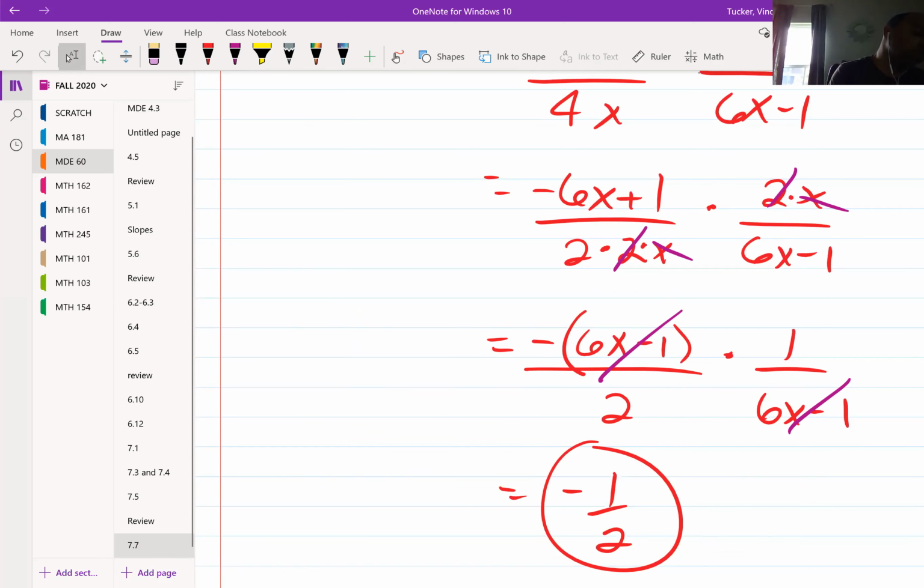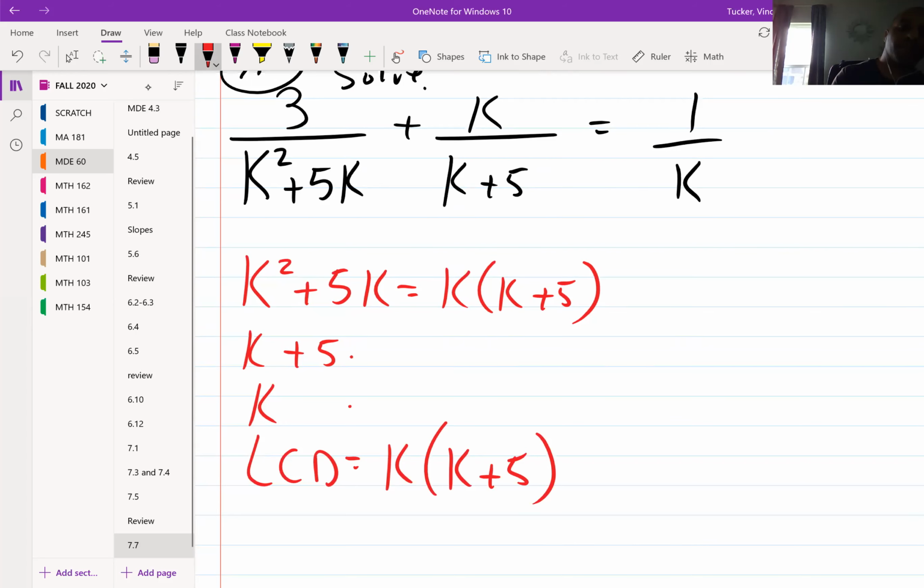Because when you factor that, that's k times k plus 5. Each individual piece that you see is k plus 5. And then here we have k plus 5 and then k, so we don't have to write anything extra. Now, if this was k plus 7, then I would have to include a k plus 7 here.